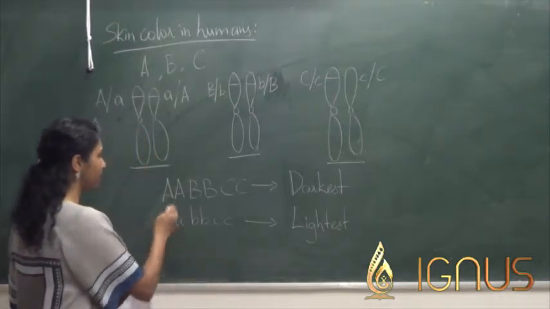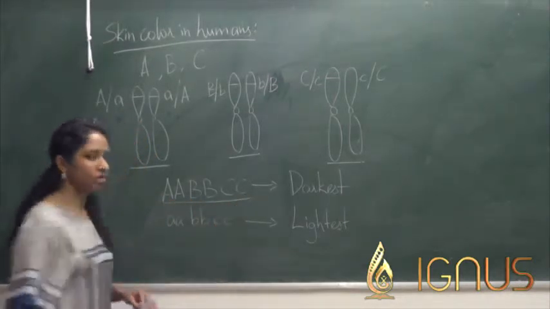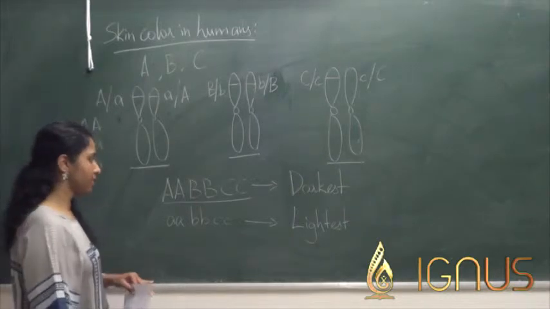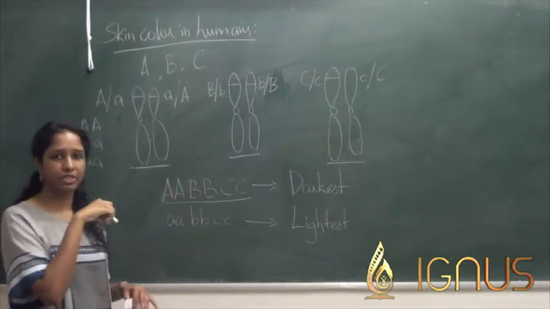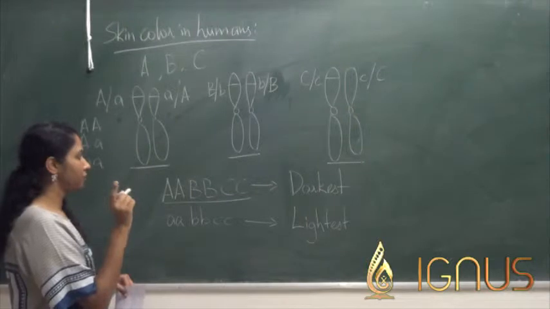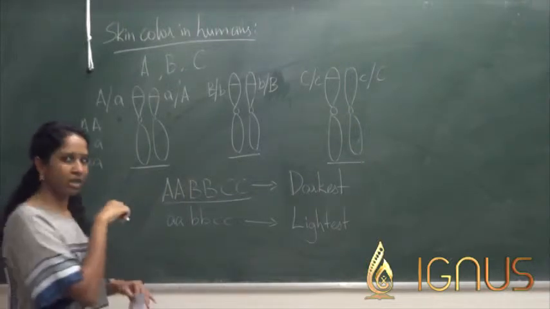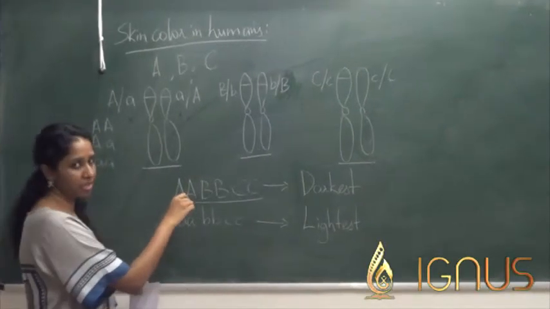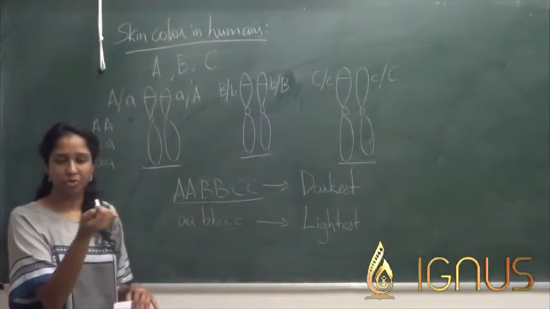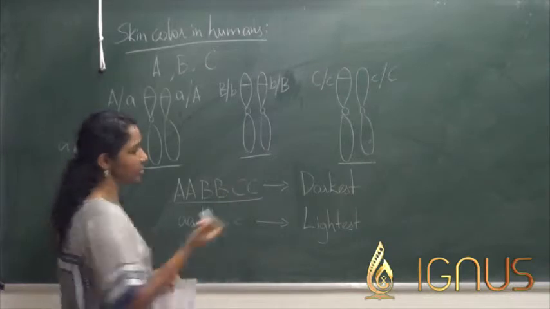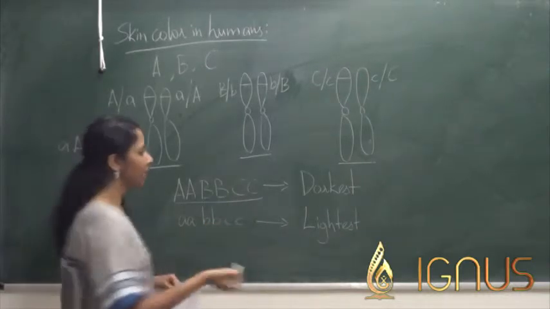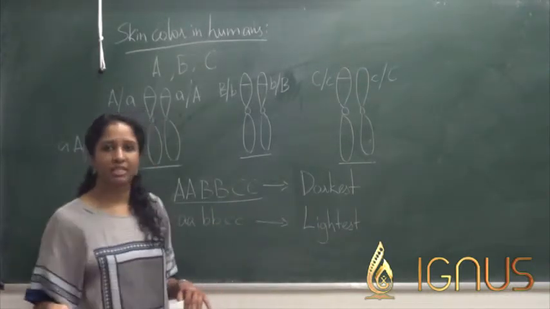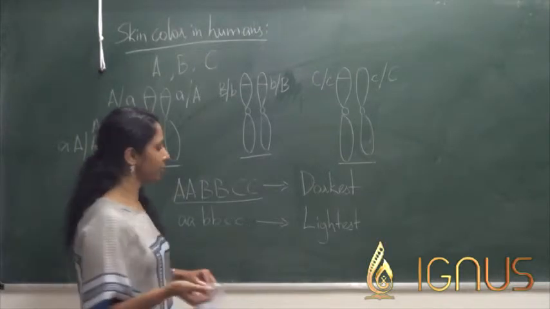So if you have A which is homozygous dominant, B homozygous dominant, and C also homozygous dominant, then the skin color is going to be the darkest skin color that you can find.